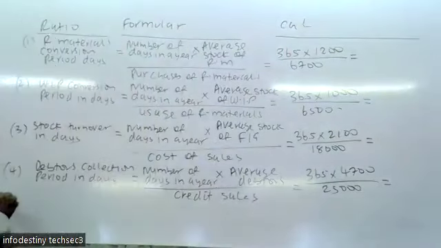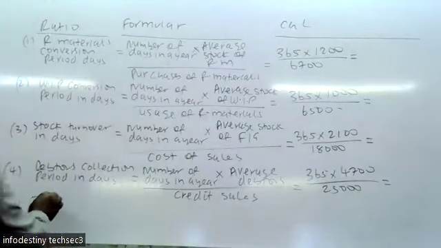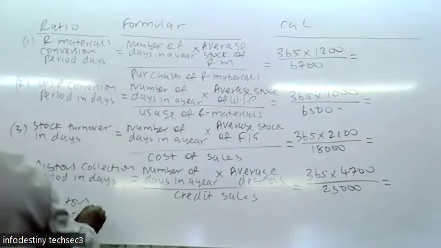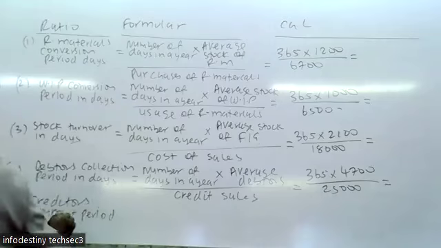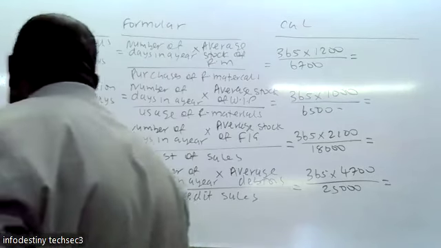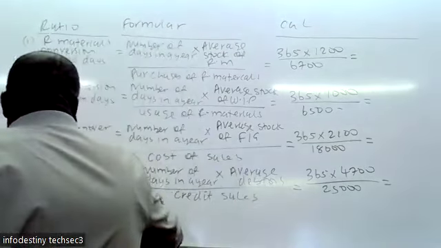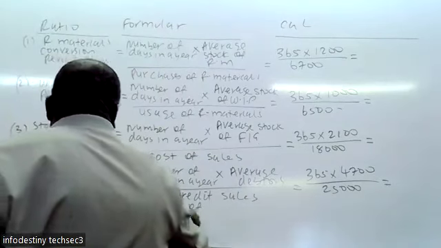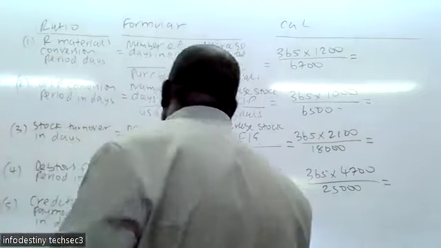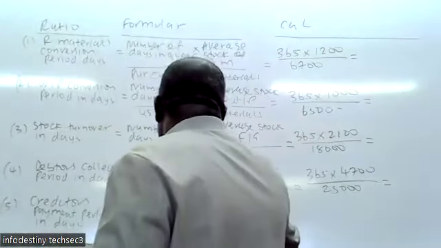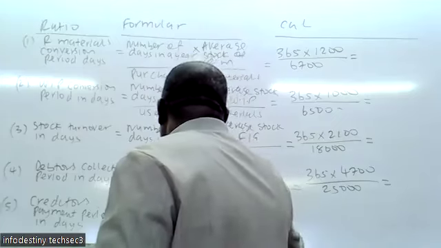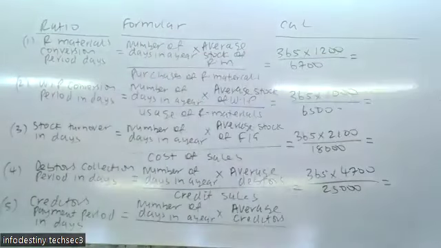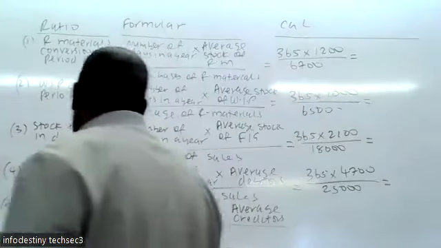Then number 5 is supposed to be the creditors. So we divide by the credit purchases.